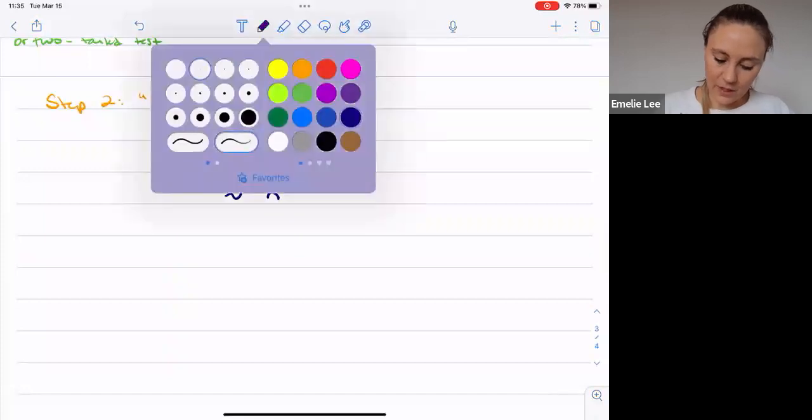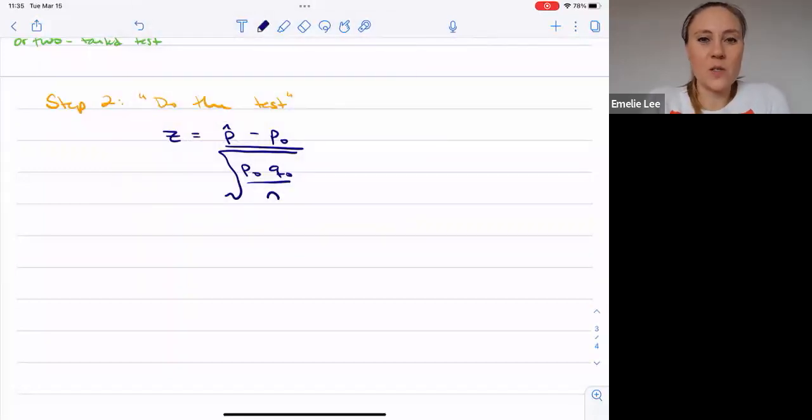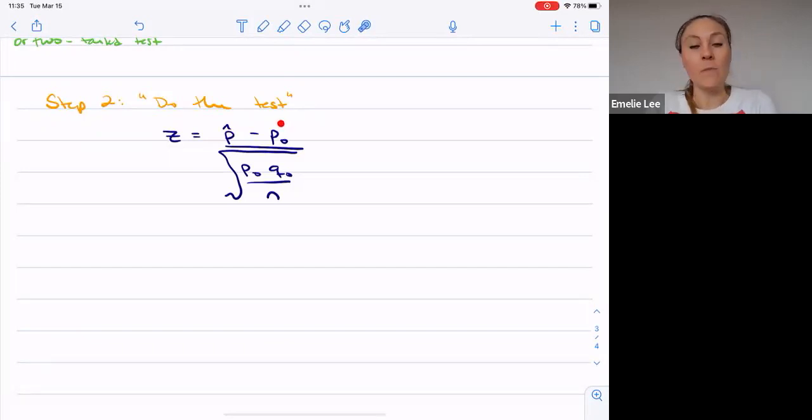All right. So our z-score, we find how far is my sample proportion from my hypothesized proportion. If it's really far away, what does that mean? It means I have evidence against this null hypothesized value, right? And so how can we translate that? Well, that's where the p-value comes in.